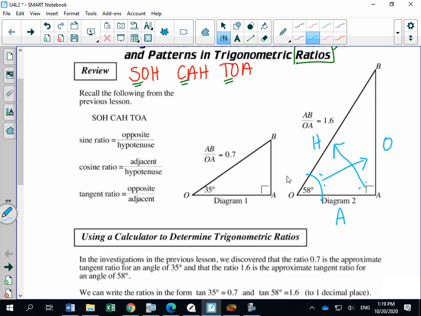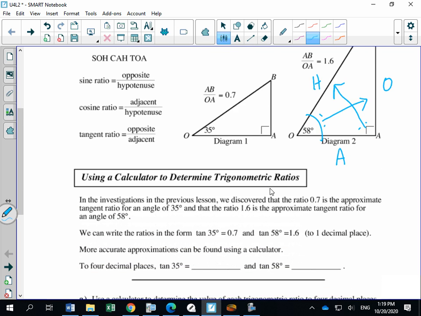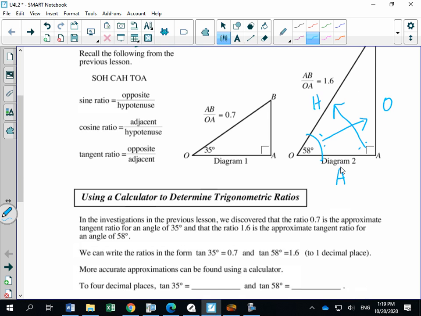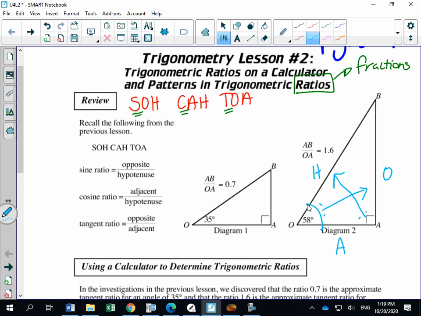Okay? What we're going to do now is what we had previously done. So if I said for this triangle here, you guys, what is, let's say, the sine trig ratio? You would have written the sine. Our angle goes in here, so that's where our angle goes. And sine is opposite over hypotenuse.